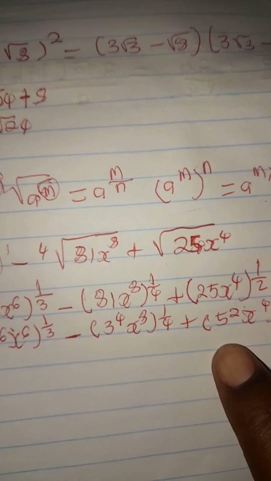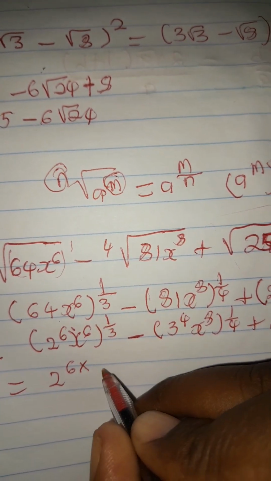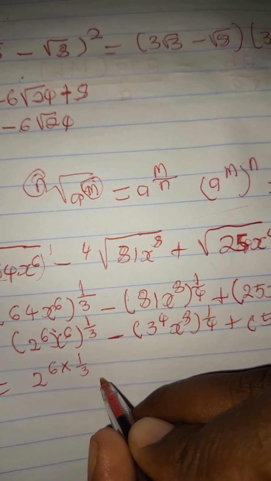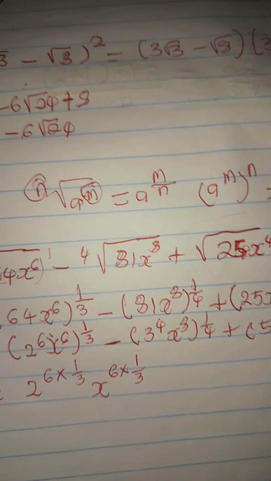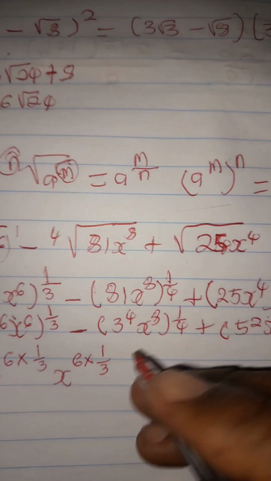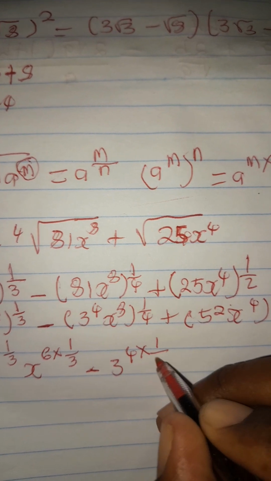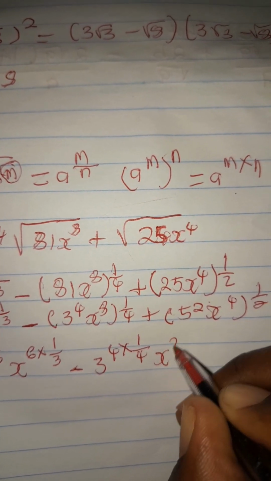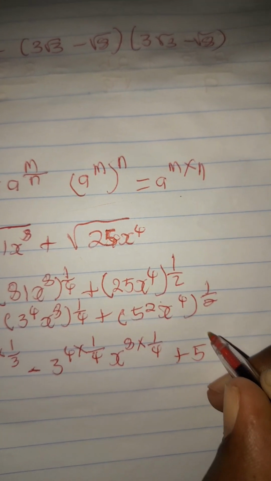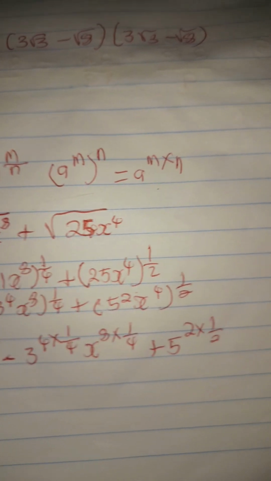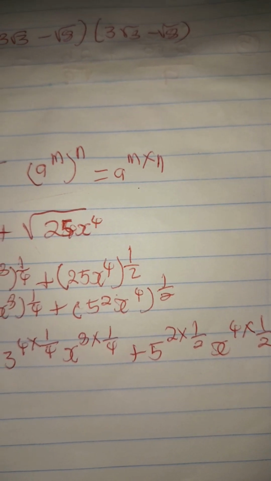It's important to also know the laws of exponents that are still applicable. So we are having 6 multiplied by 1/3, as well as 6 multiplied by 1/3, right? Similar on the second bracket, we're going to do the same thing: 4 multiplied by 1 over 4, as well as x to the power of 8 multiplied by 1 over 4, plus 2 multiplied by half, as well as x to the power of 4 multiplied by half, right?